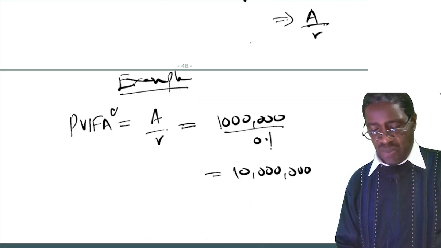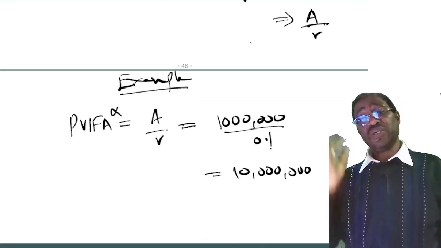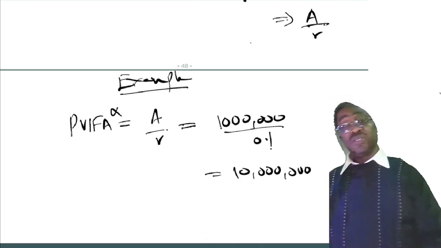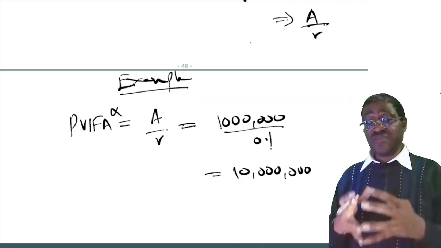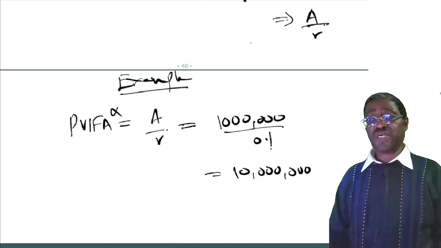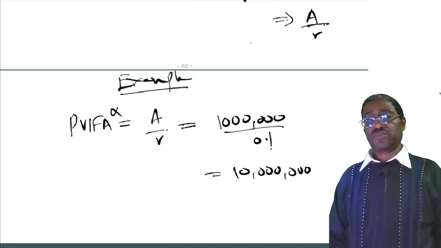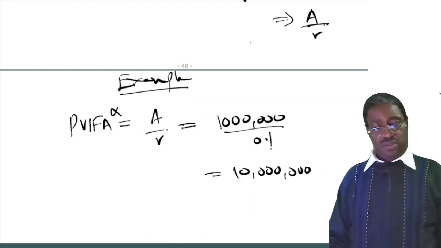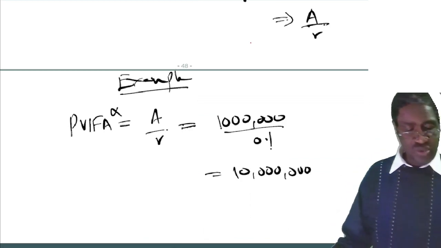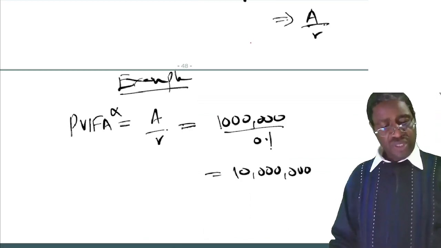Our perpetuity, we normally put it with the symbol that way. You want to get the present value interest factor of annuity into perpetuity.